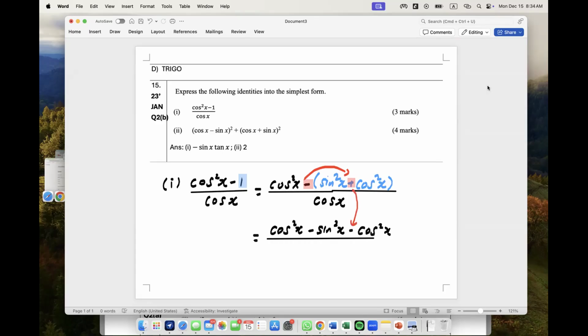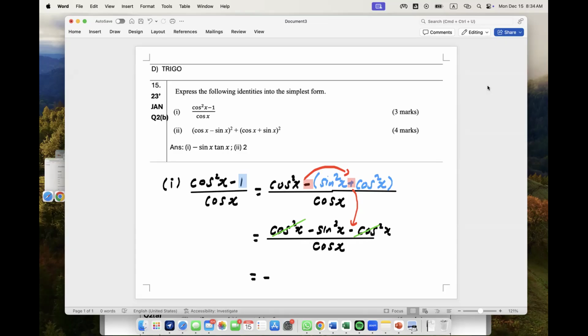Okay, hence we can now cancel out the cosine square in the numerator. All right, and here we have cosine x. Anybody follow? Yes? Okay. So, what's the next step?